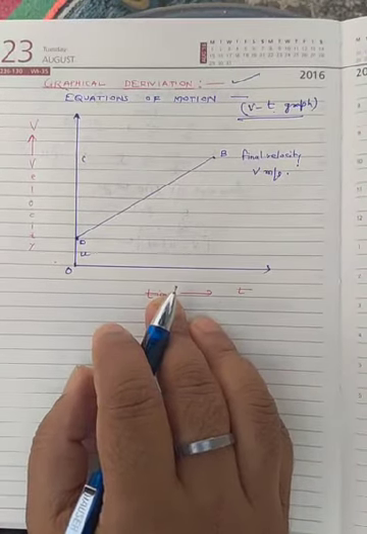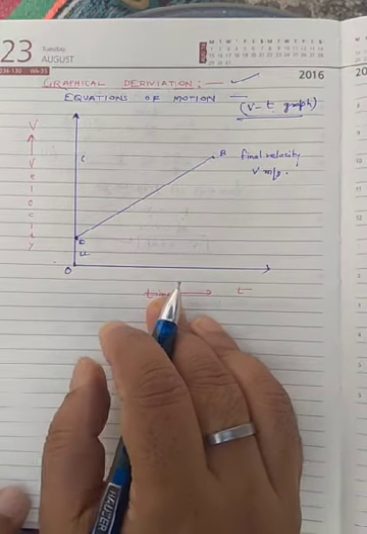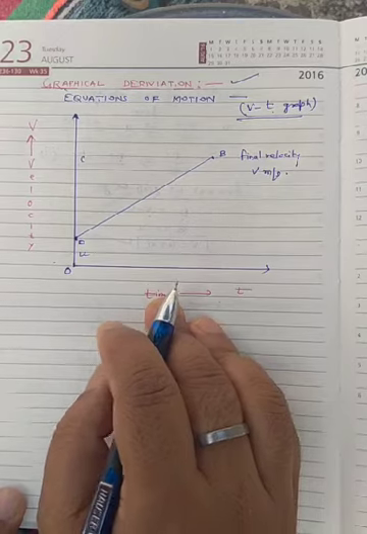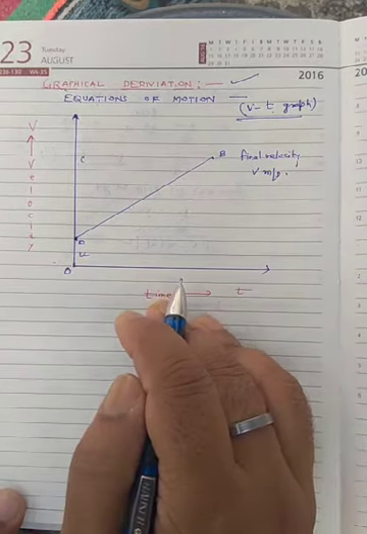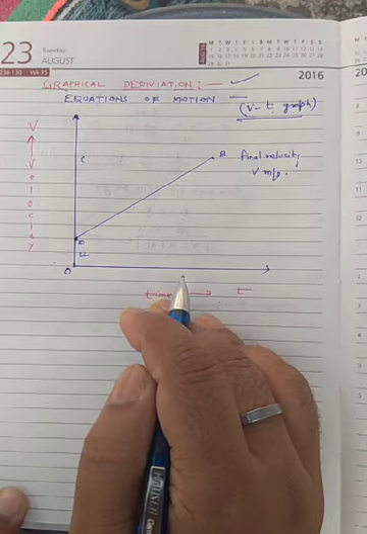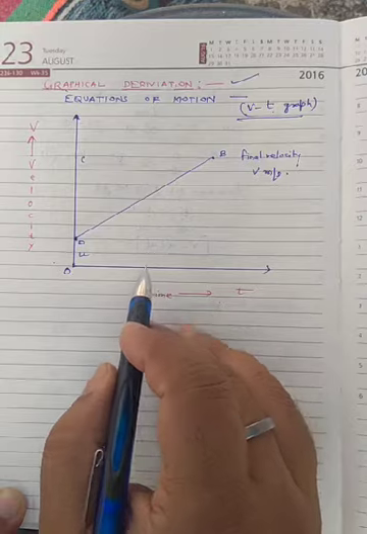All right. Now students, let's complete this graph. How? Draw a line parallel to the x axis.